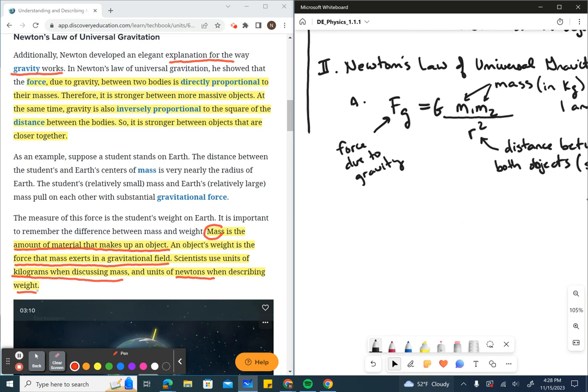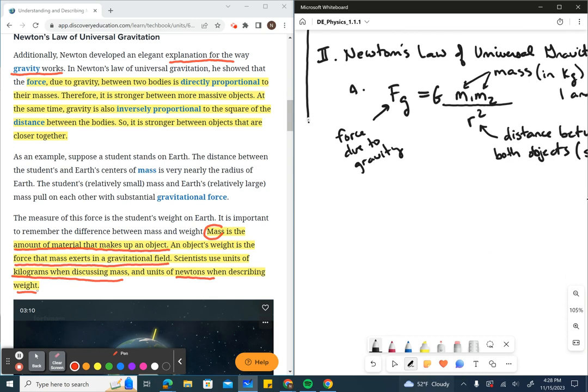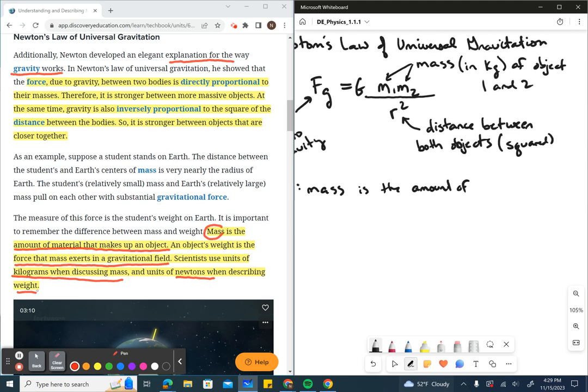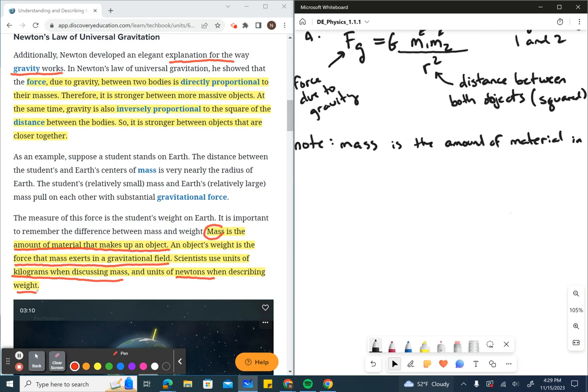I guess we should probably write some of these things down here. Note: mass is the amount of material in an object.